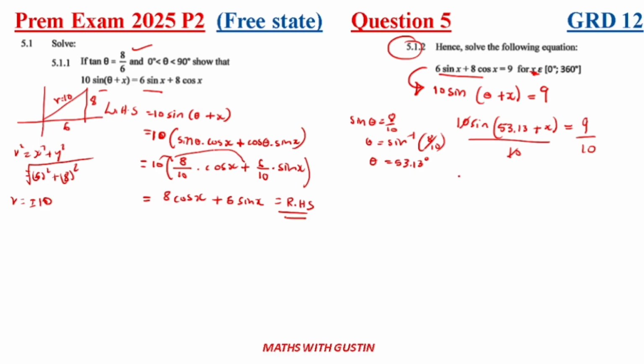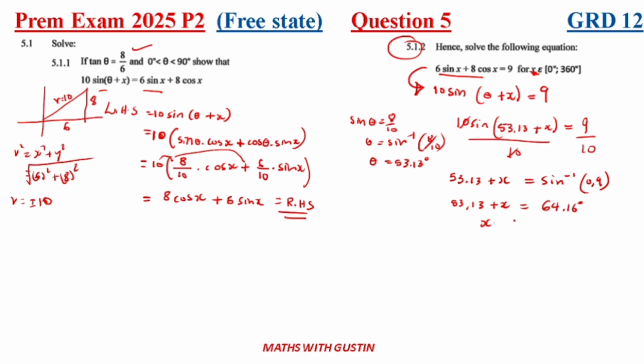Then I go second function, sine inverse of 0.9, which gives us 64.16. Therefore, 53.13 plus x equals 64.16.